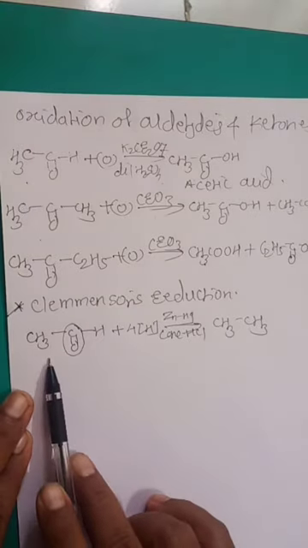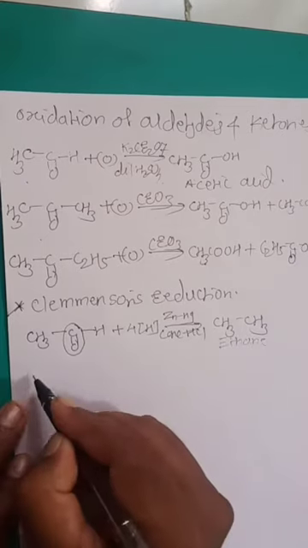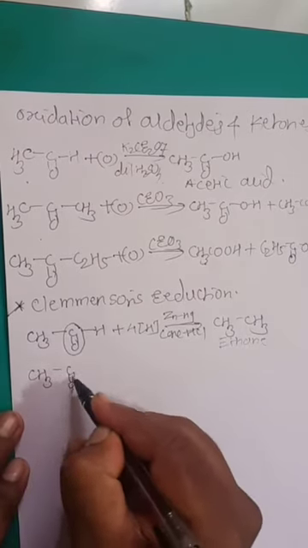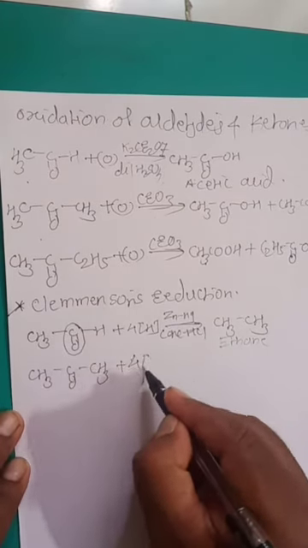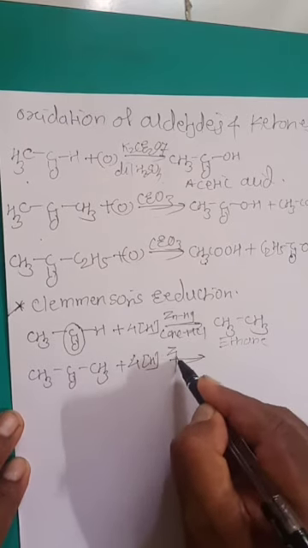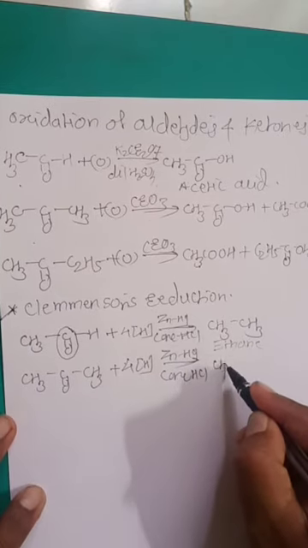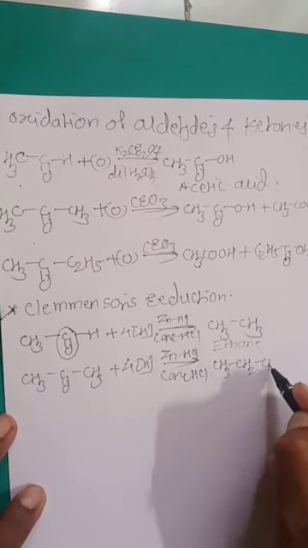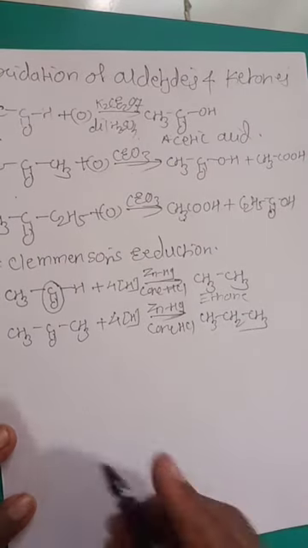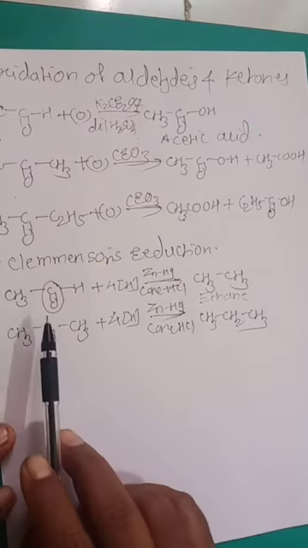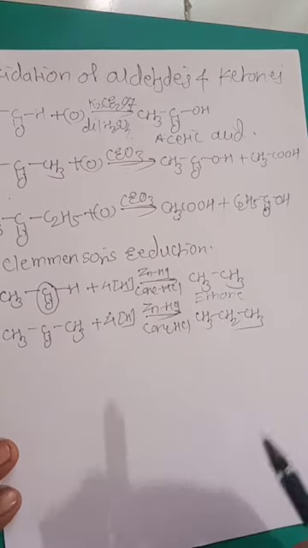Means acetaldehyde gives ethane as product. When ketone is treated with Clemmensen's reduction, that is zinc amalgam in presence of concentrated HCl, it gives propane as product. So formation of propane takes place in this reaction. So for conversion of this carbonyl group to hydrocarbon, this Clemmensen's reduction is useful.